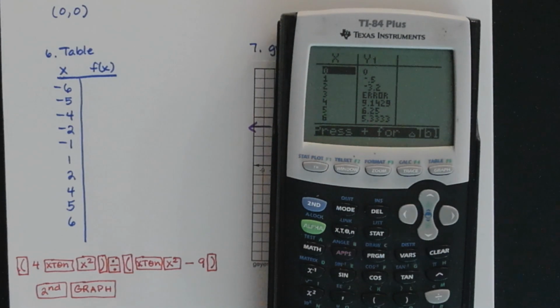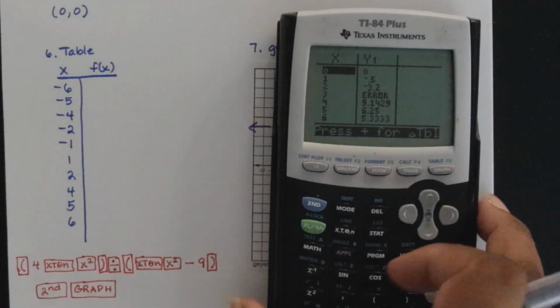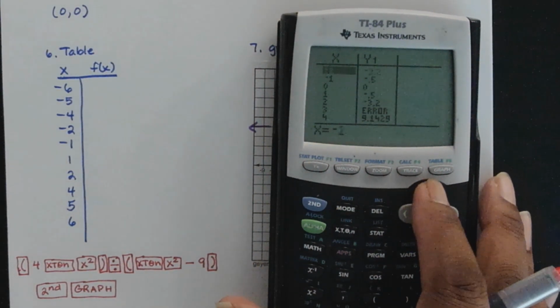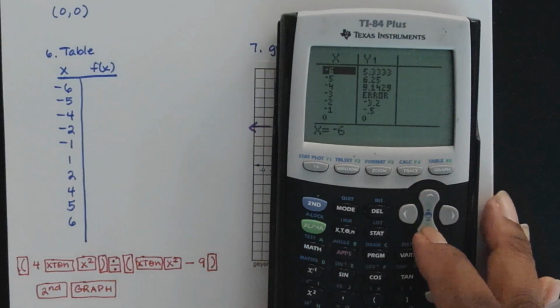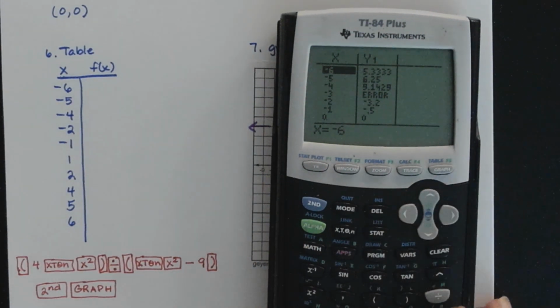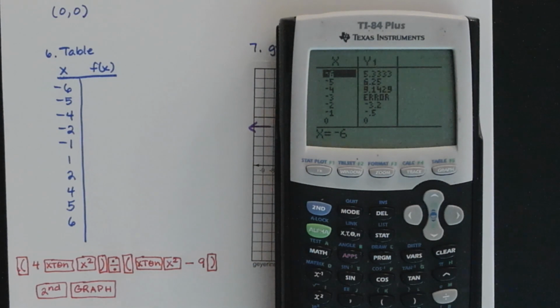There we go. And sometimes you may have to use your up arrow or your down arrow key to get to the x values that you want. Like in this case here, I need to use my up arrow key to get to x equals negative 6.